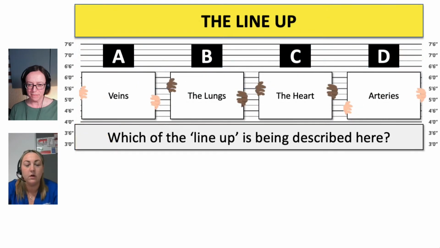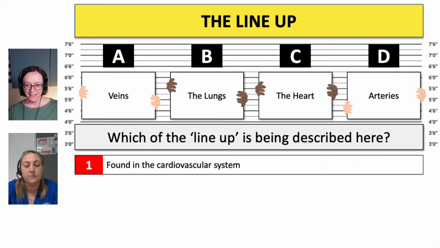Okay, the lineup again. Across the top, I've got A, veins, B, the lungs, C, the heart, and D, arteries. I'm going to give you some clues and I want to know what is being described here. This one's hopefully a bit of an easier one, so I really want you to contribute at home. Our first clue: it is found in the cardiovascular system.